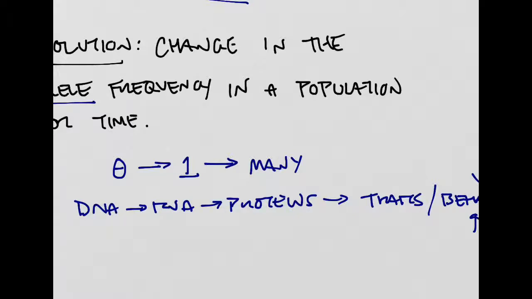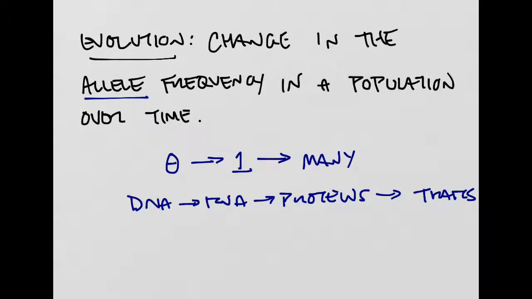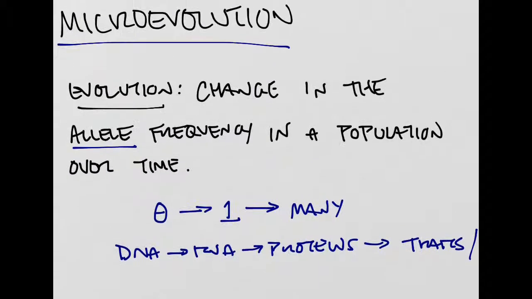All right? So beneficial alleles are an important thing to be considering here. And an accumulation of those beneficial alleles is ultimately going to lead to speciation. All right? So evolution, taken to its furthest extent, will lead to speciation.